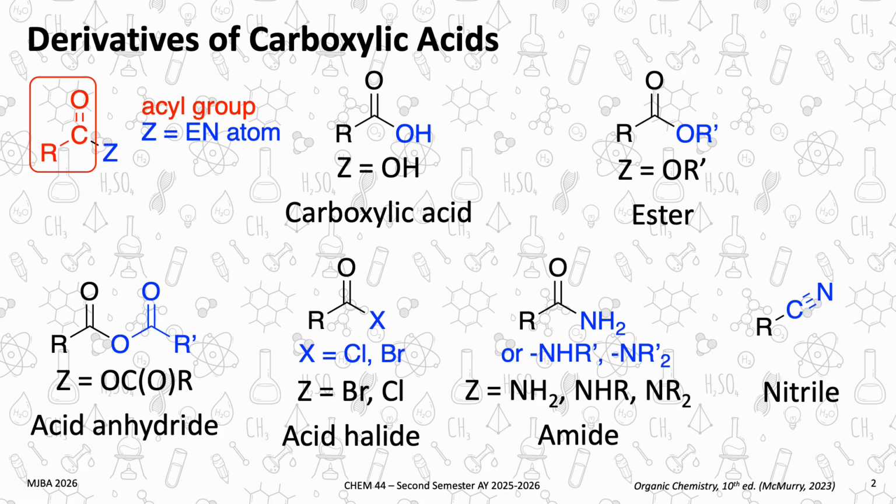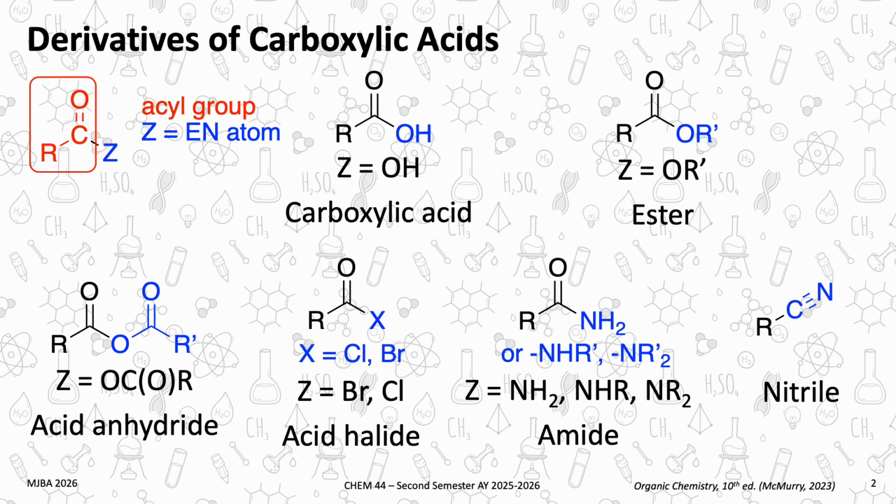On the other hand, nitrile, wherein carbon is triply bonded to nitrogen, doesn't contain any acyl group, but it has been historically categorized under derivatives of carboxylic acid because it follows the same chemistry.